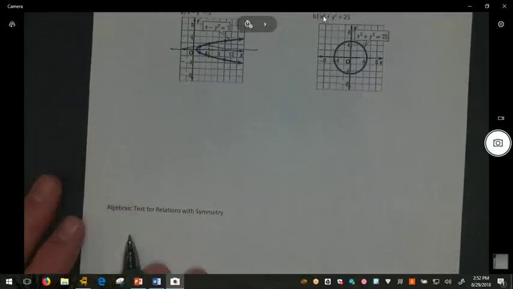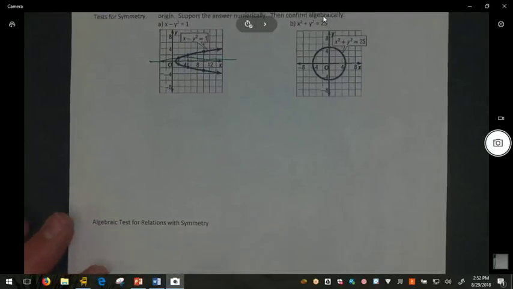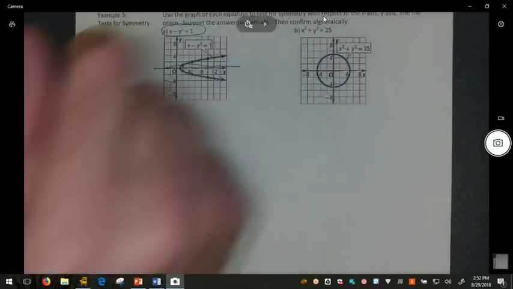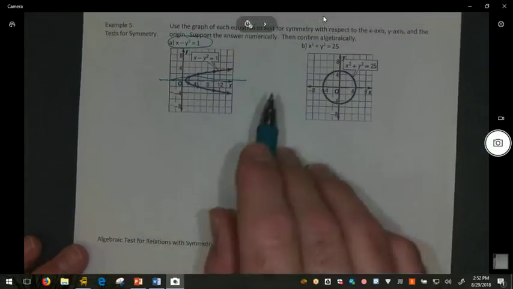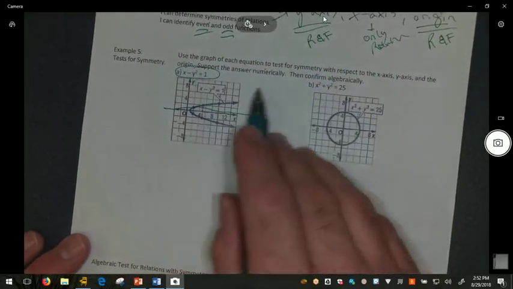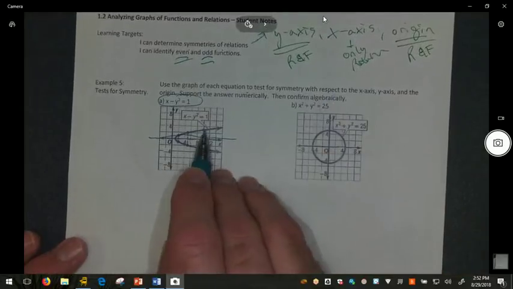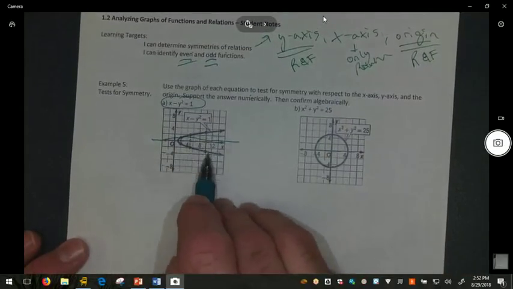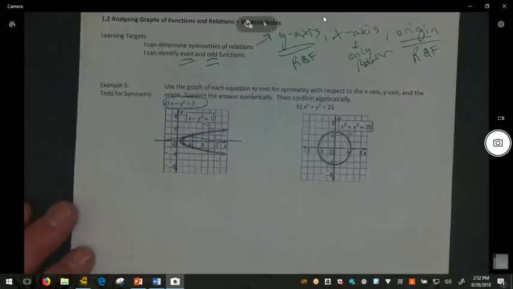There are algebraic tests for this. If we look at the equation itself, you wrote down in your exploration that when there's x-axis symmetry, it's the y-coordinate that changes signs. Well, there's a test for that.